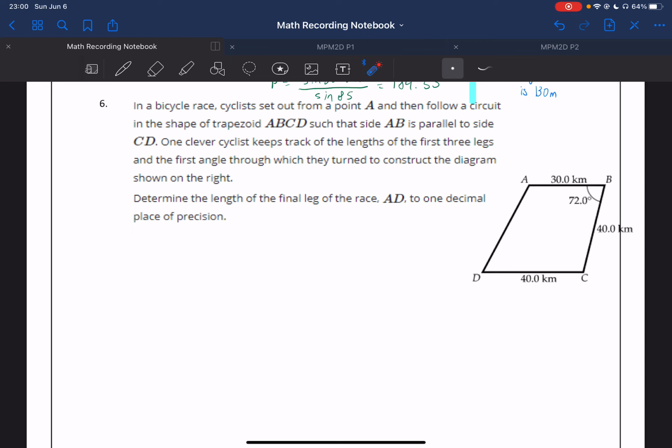One clever cyclist kept track of the lengths of the first 3 legs and, nice enough, found out the angle of the first turn, shown in this diagram on the right. What it wants us to find is the length of the last leg of the race.